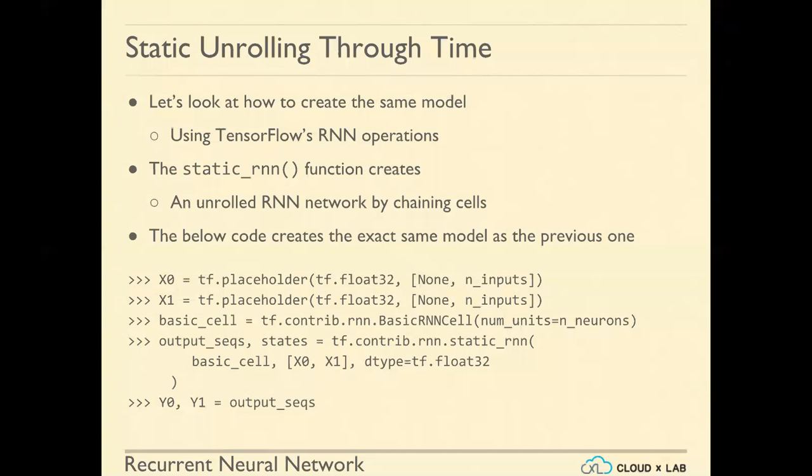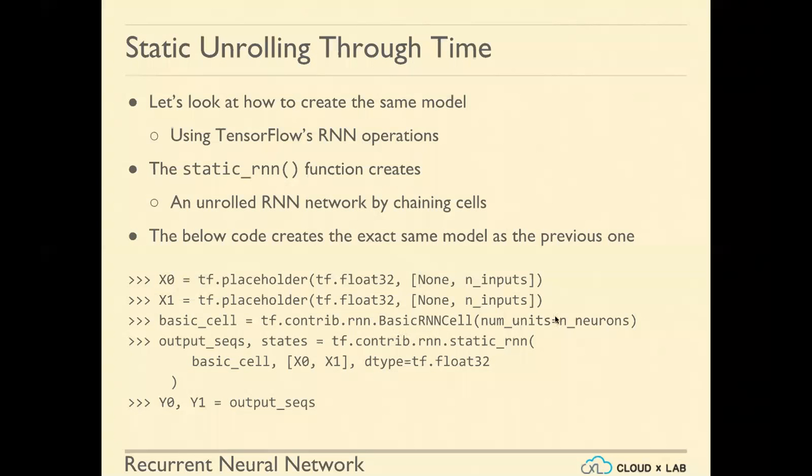So let's look at how to create the same model using TensorFlow's RNN operations. The static RNN function creates an unrolled RNN network by chaining the cells. The code below creates exactly the same model as what we have done previously using something called basic RNN cell.